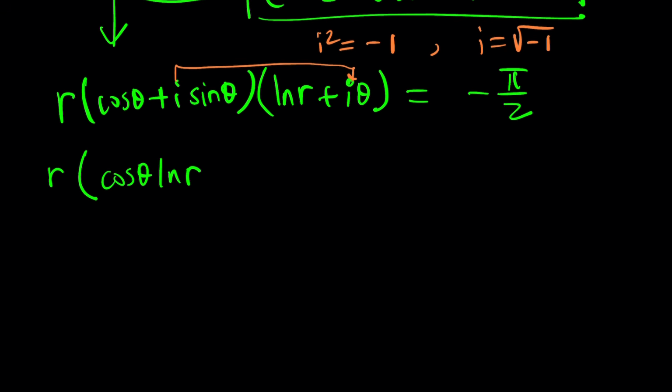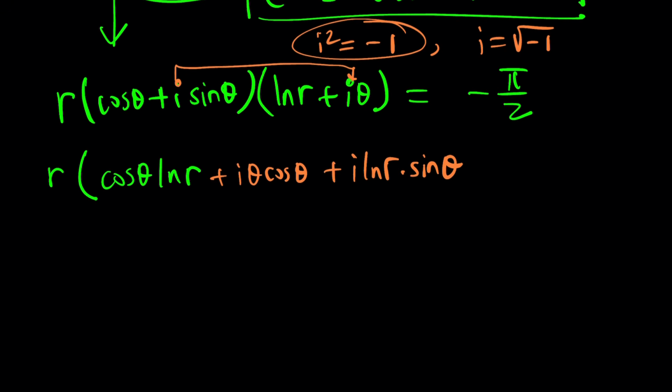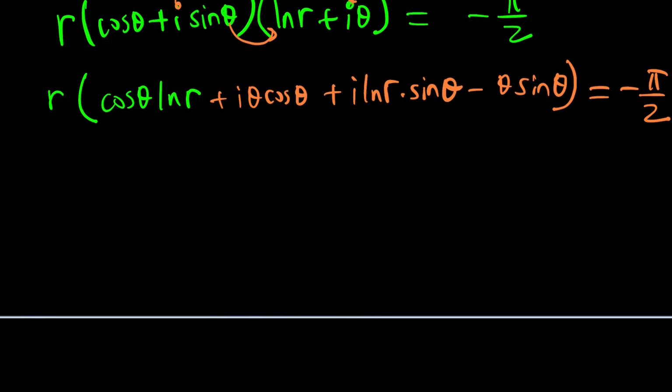That's how it's defined, but i squared equals negative 1 is a better way to remember it, hopefully. Now, when you distribute, you're going to get something like i theta cosine theta plus i ln r sine theta. And then finally i squared is minus 1, so minus theta sine theta. Of course, everything is multiplied by r, and the whole thing is equal to negative pi over 2.